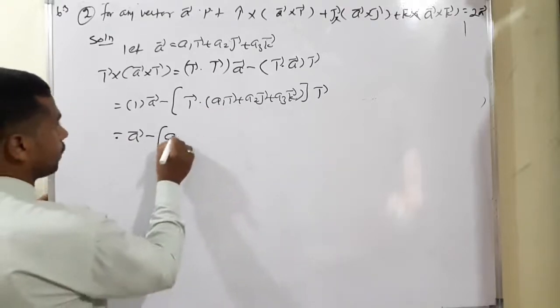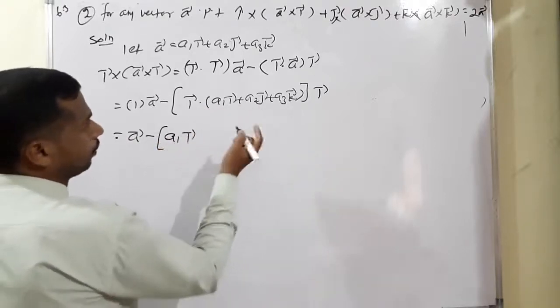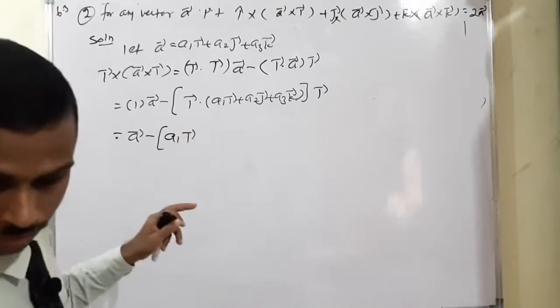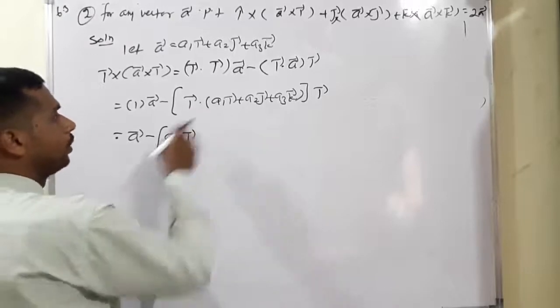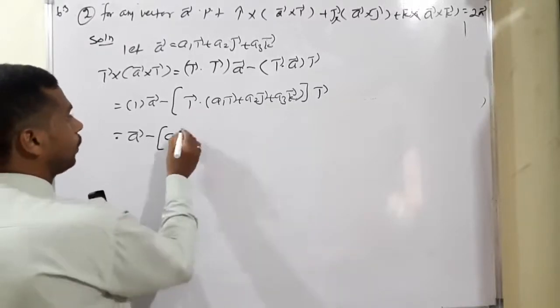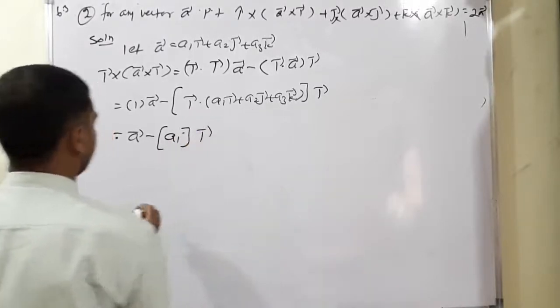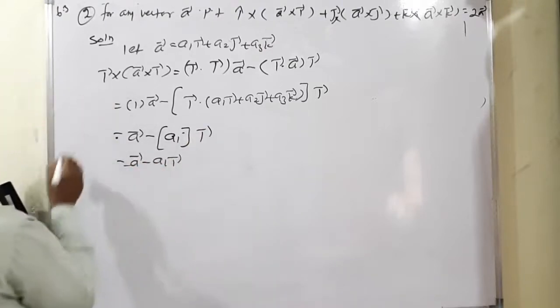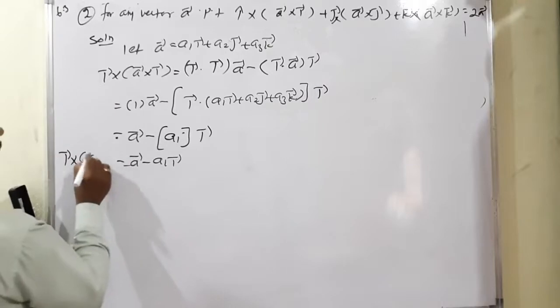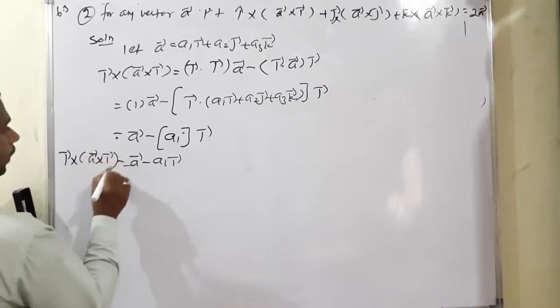So we get A1, and outside the term is I vector. Therefore, we can write A vector minus A1 I vector. This is the value of I vector cross (A vector cross I vector).